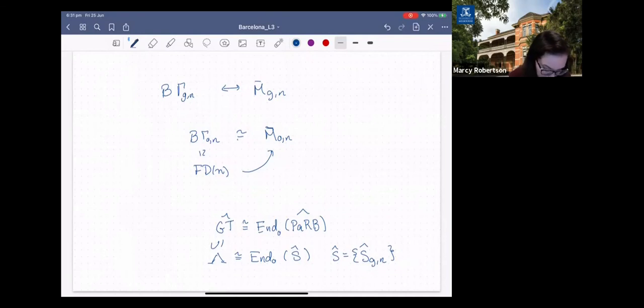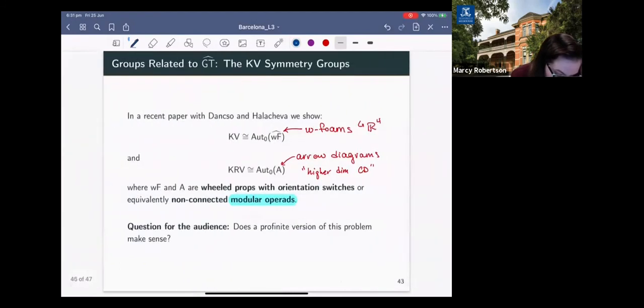I have a question. Could you show your last slide, please? This one. Perfect. So, as we were saying, maybe it was yesterday or the day before, Alekseev, Kawazumi, Kuno, and Naef have higher genus and higher boundary components of KV. So they have KV of genus g with n boundary components.